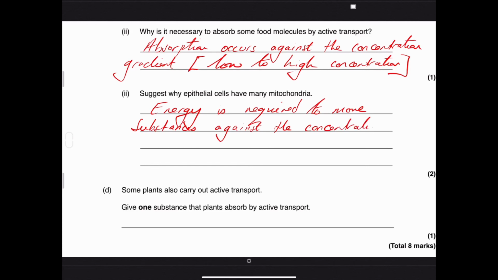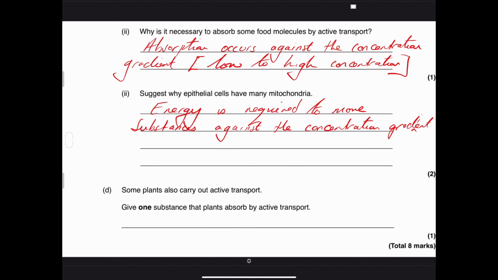You need energy to move the substances across the concentration gradient. Now, this energy comes from respiration.